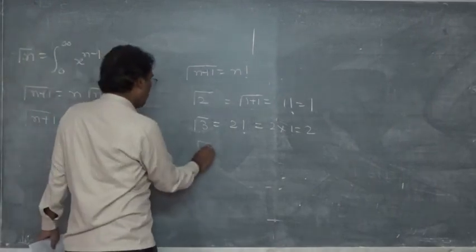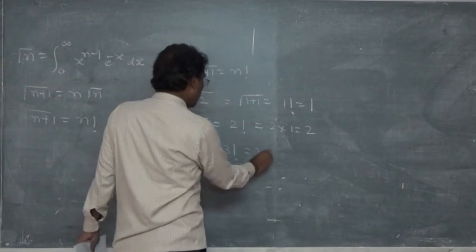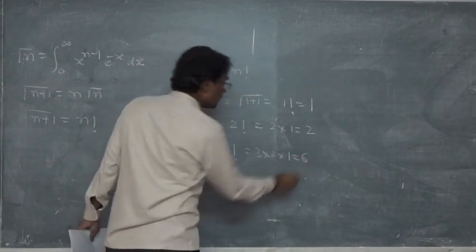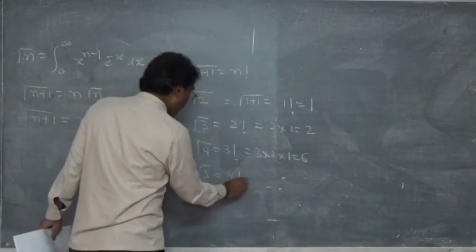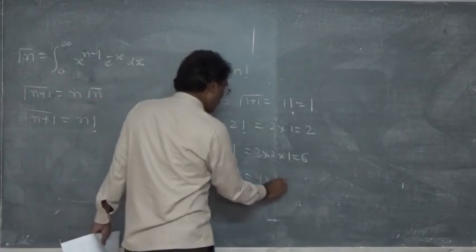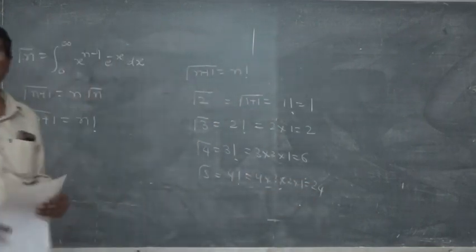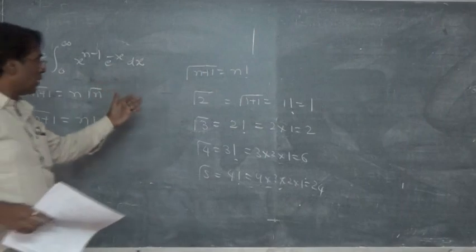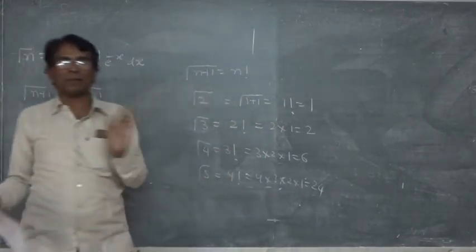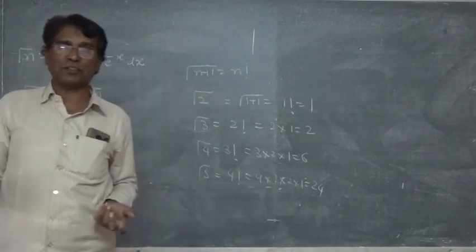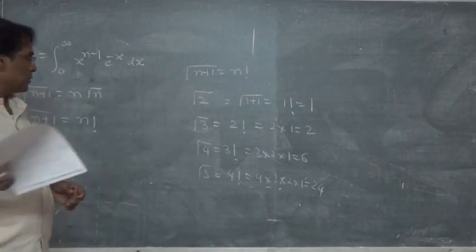Similarly, gamma 4 can be written as 3 factorial. This is 3 into 2 into 1 equal to 6. And gamma 5 is equal to 4 factorial, 4 into 3 into 2 into 1 equal to 24. So you remember gamma n plus 1 is equal to n factorial, means gamma 2 is 1 factorial, gamma 3 is 2 factorial, gamma 4 is 3 factorial, gamma 5 is 4 factorial, and so on and so on.